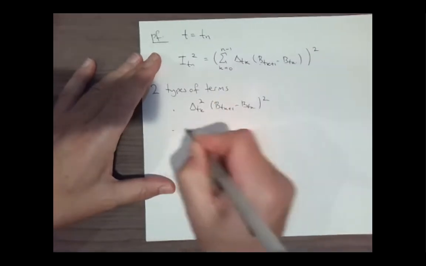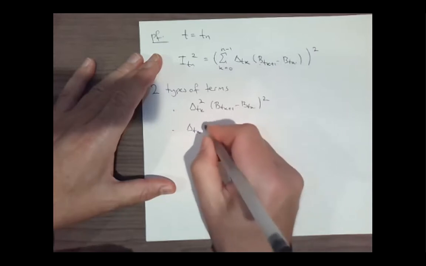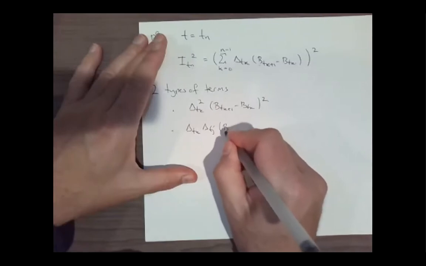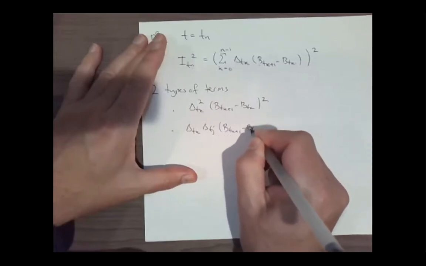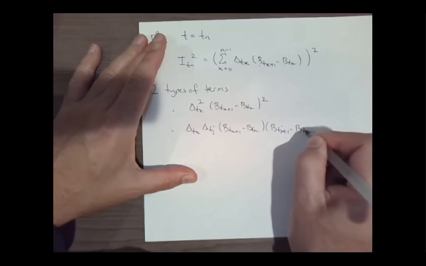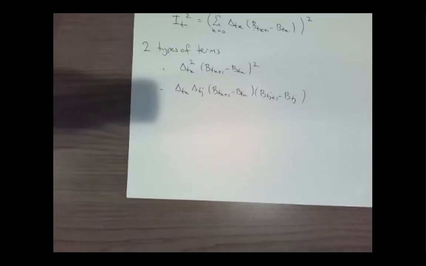And the other kind will be the off-diagonal terms, Delta_{t_k} and then Delta_{t_j}, times (B_{t_{k+1}} minus B_{t_k}) and then (B_{t_{j+1}} minus B_{t_j}). So we'll find these kinds of terms.